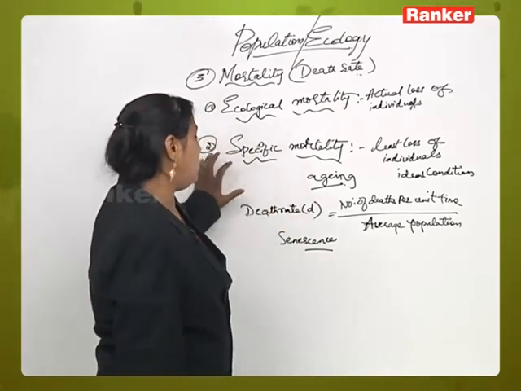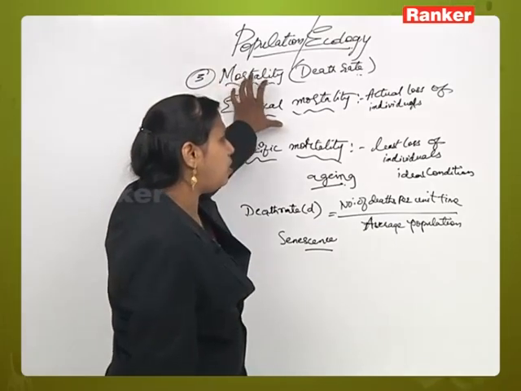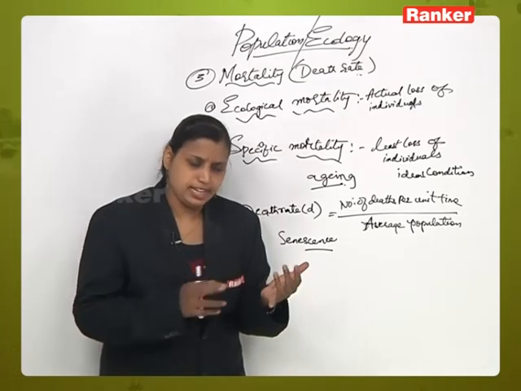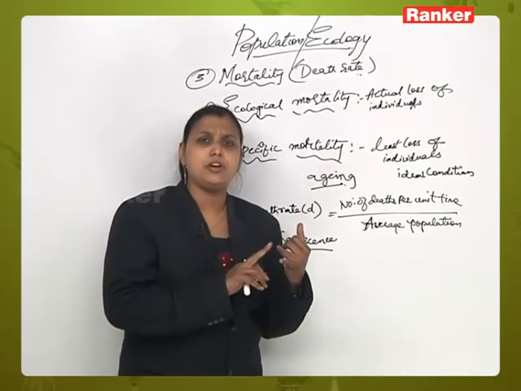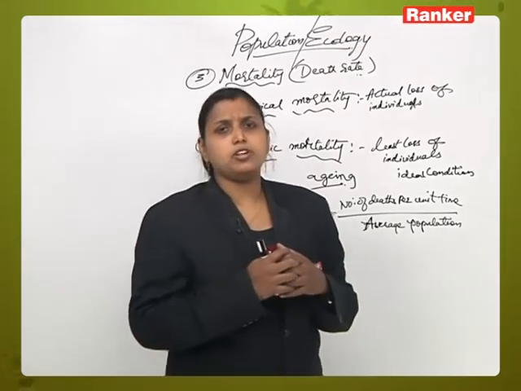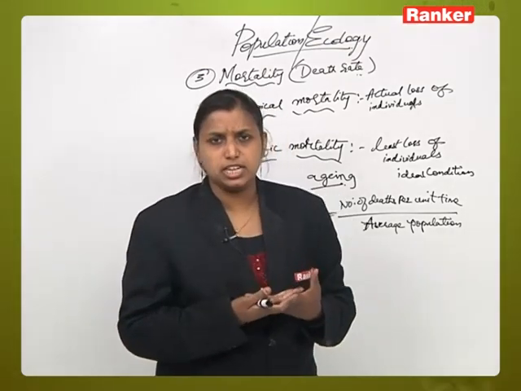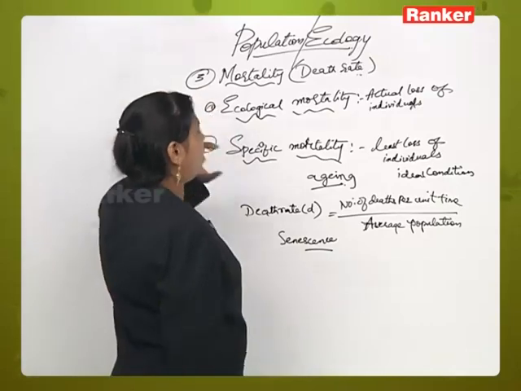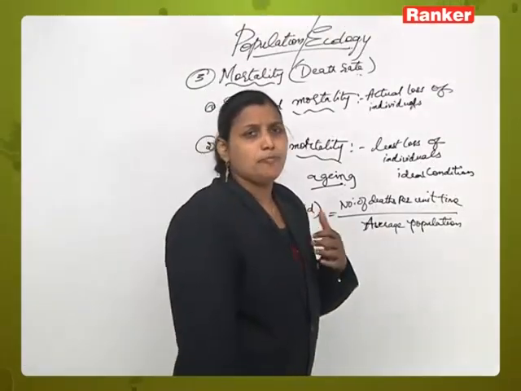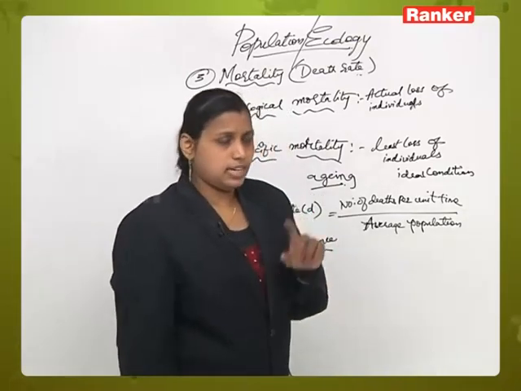This mortality rate is affected by n number of factors, like competition between the different races, predation existing in the races, and also the environment of that particular area, which may affect the death rate of individuals in a particular population.